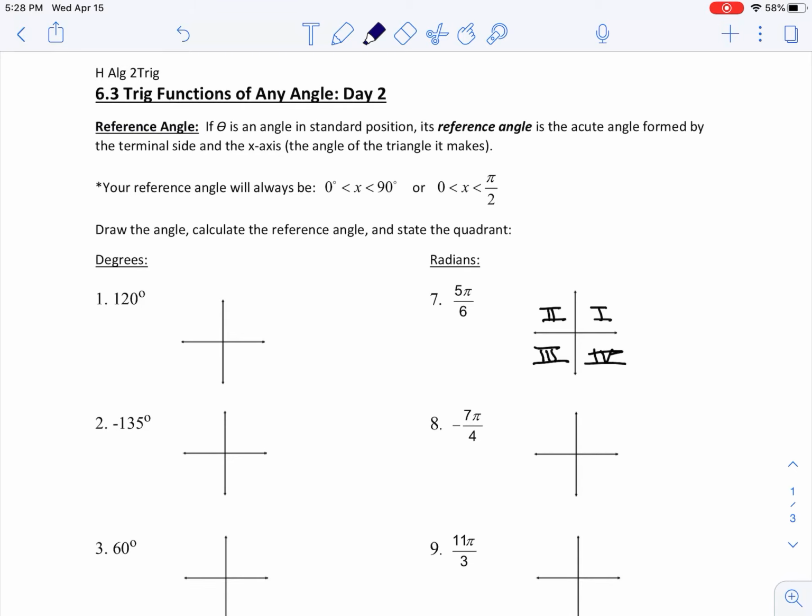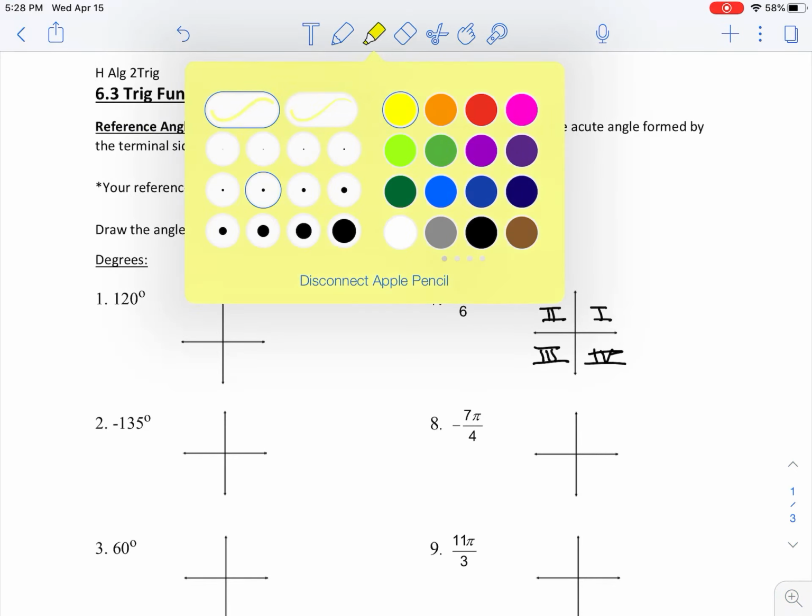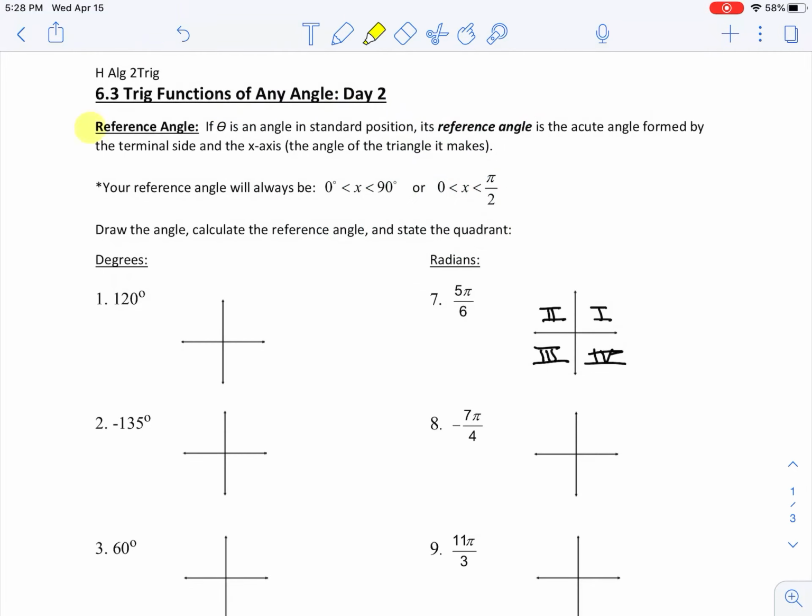Reference angles are what the angle is called based on its positioning next to the x-axis. So the first thing I'm going to do is draw these angles and make sure you understand where they get drawn. And then we'll talk about what a reference angle is.